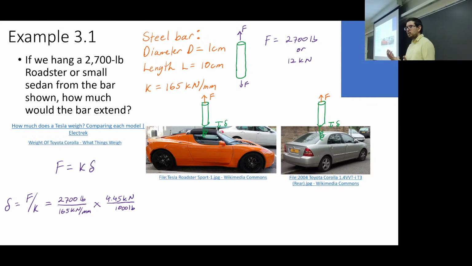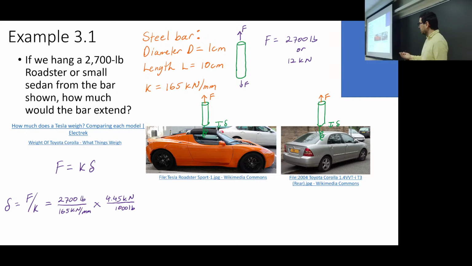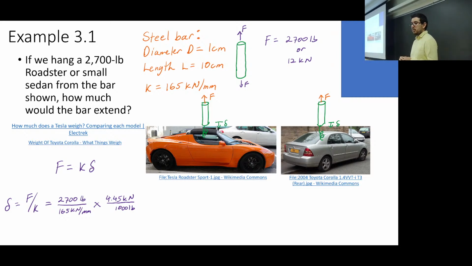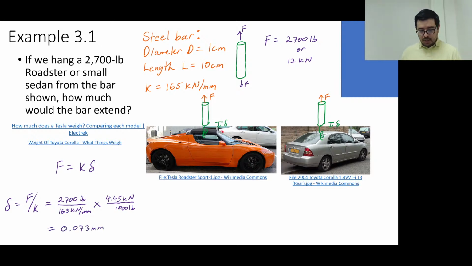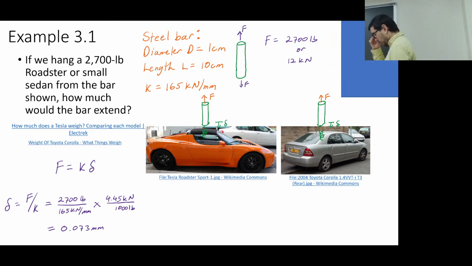So when you look at the collab scripts associated with this, you're going to see a lot of times 10 to the 6, because sometimes when you're doing the calculations, it's easier to think of it in terms of newtons per meter instead of kilonewtons per millimeter. Anyway, the deflection is only 0.073 millimeters.